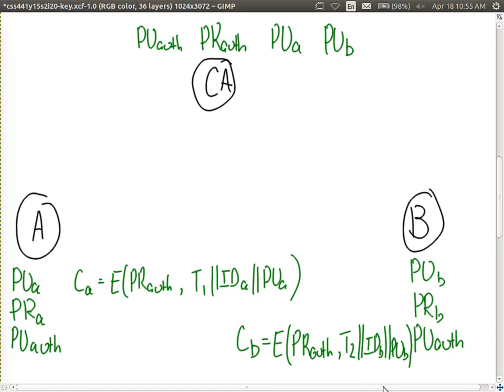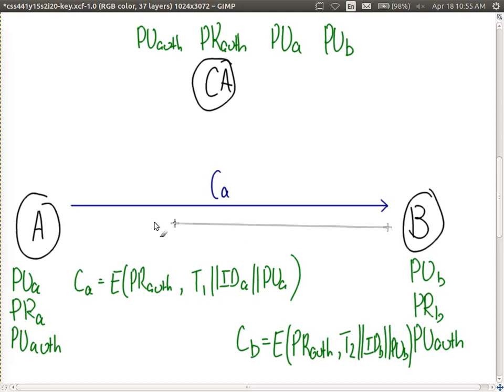A sends a message to B containing its own certificate, and B responds. So that's the steps in this case.